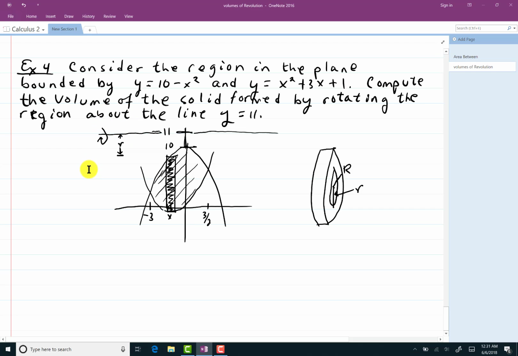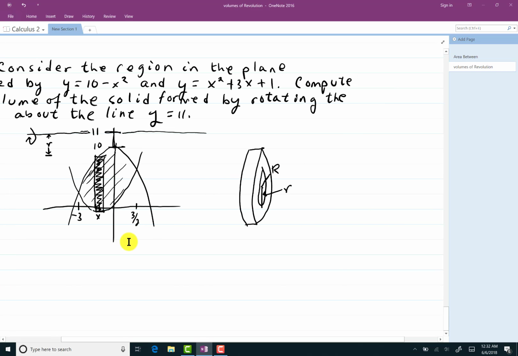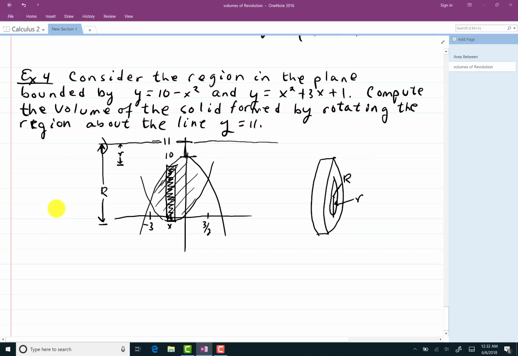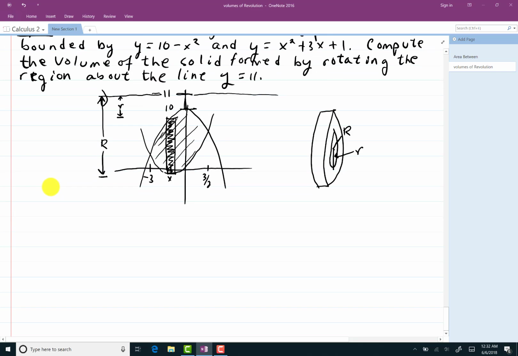And then from the center all the way down to this graph, for this particular x, I need to get my big R and little r, and then I'll be able to work this problem.